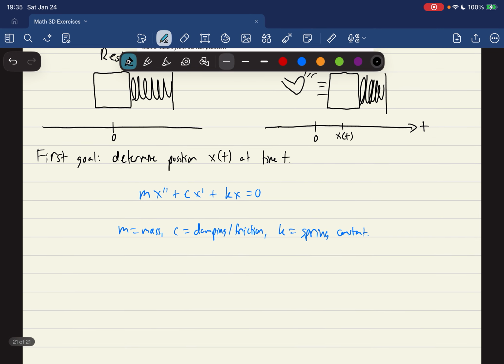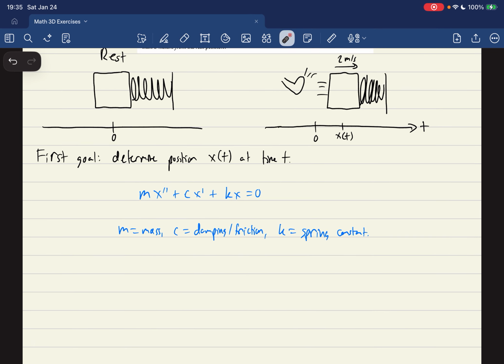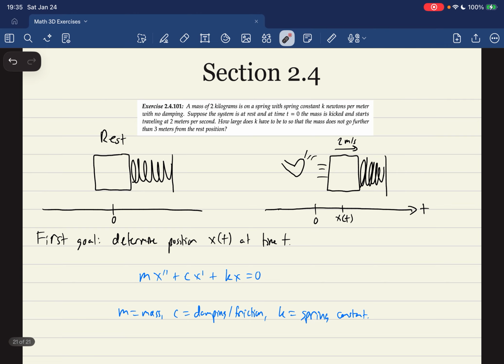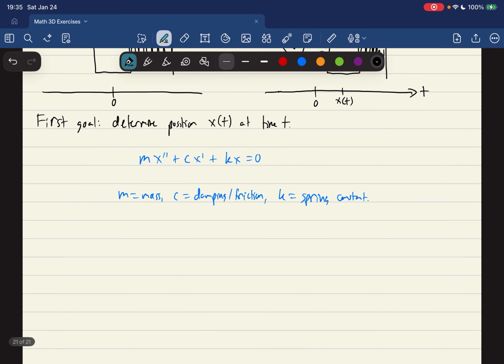And we're given that c equals 0 because there is no damping happening right here. So with m equals 2 kilograms and c equals 0, our equation is the following: 2x double prime plus kx equals 0.